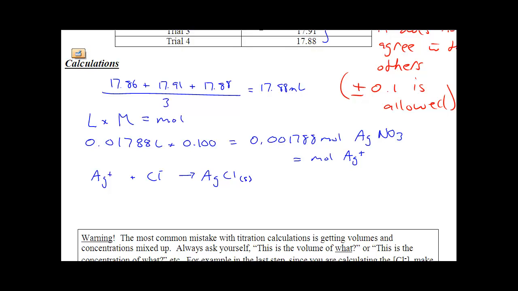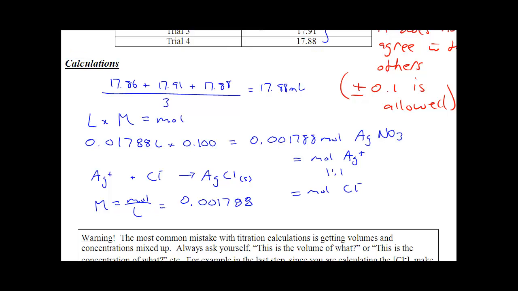So we know the ratio is 1-to-1. We know the moles of Ag. So this actually equals the moles of Cl- as well, because there's a 1-to-1 ratio there. So what we care about is molarity. What is the concentration of our Cl-? So it's moles over liters. Well, we know the moles.